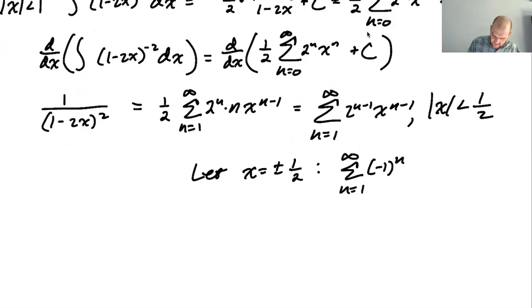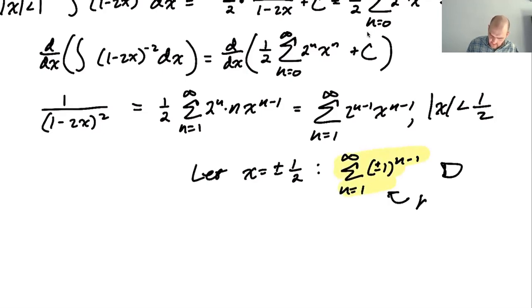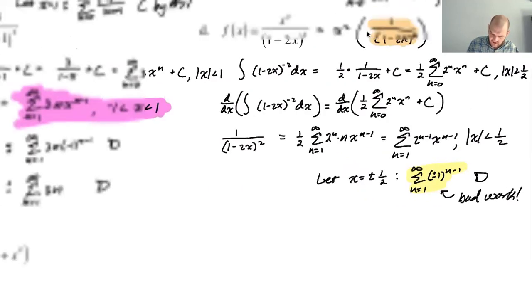I do not like this. What do we get? You get ±1/2, ±1 to the n-1. This is garbage work. I would not be happy if someone gave me this work, but this diverges. So this is bad work. Let me make that really clear: bad work. Don't do this kind of work. Nobody wants to see it.